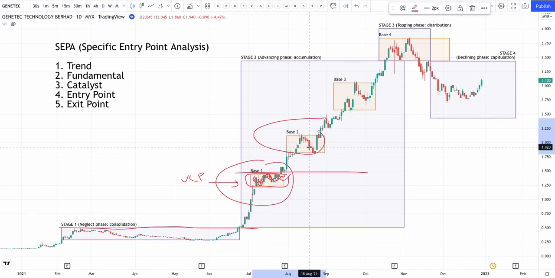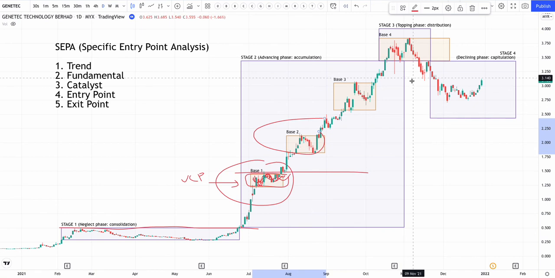Base 5 and base 6 are, most of the time, a top base where the market is already exhausted. That is not to say we cannot enter the position, but when we identify that the market is already at base 5 or base 6, we need to be more careful. We need a fast in, fast out mentality.